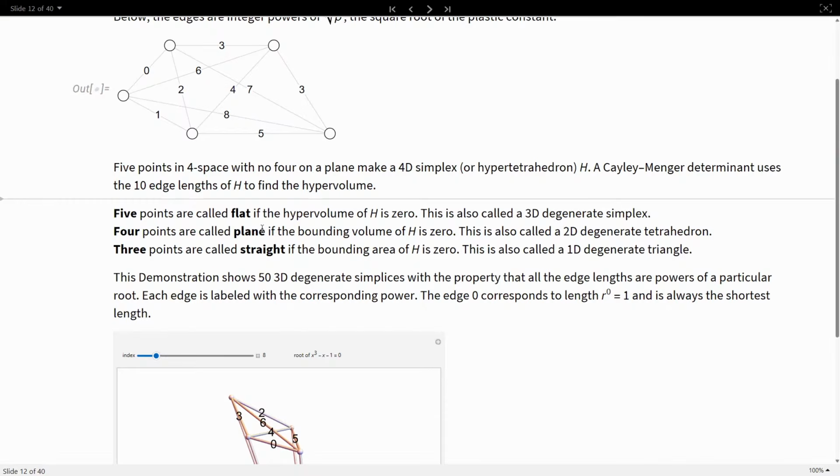And 4 points is called a plane if the bounding volume is 0, or also called a 2D degenerate tetrahedron. And you can also get a straight if they're just a straight line. So the terms of area, volume, hypervolume have a new set of terms if things get degenerate.